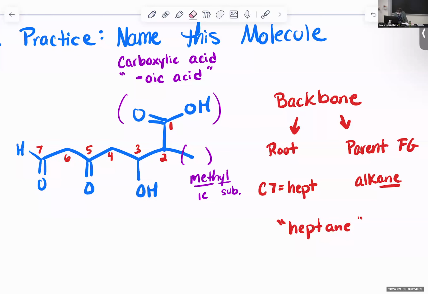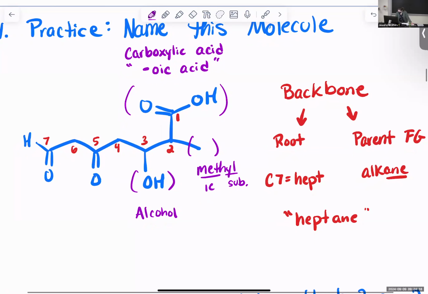What functional group is this? Alcohol, good. What do I use as the prefix? Hydroxy, excellent. If it was the primary, what would you use? What's your suffix if alcohol is the primary?